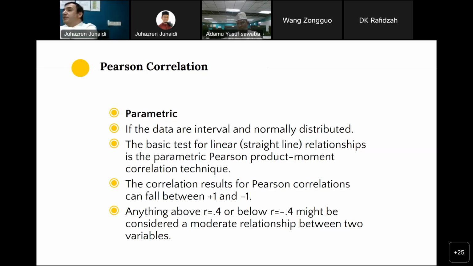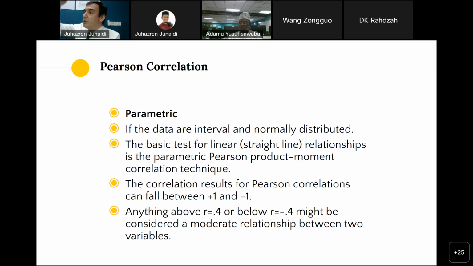While one is increasing, the other one is also increasing. They are positively related to each other. They are not perfectly correlated. It doesn't mean if you study 2 hours, you will get that score. It's not possible, but still, they are predicted. They are correlated.